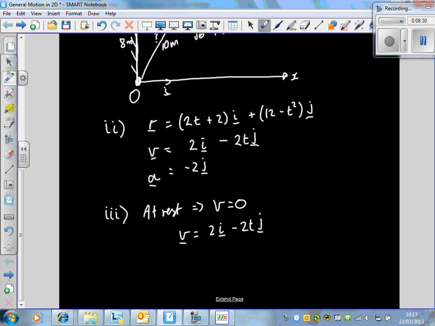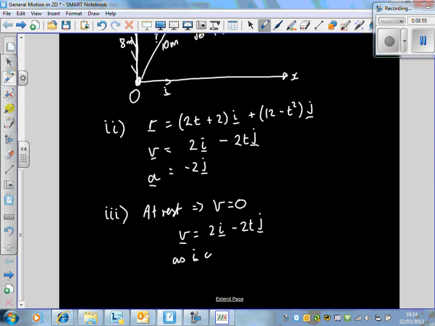Jake. Yeah, Jake. Brilliant. At t is 0, the velocity in the j direction is 0, because 2 lots of 0 is 0. But no matter what the time is, there is always going to be a component in the i direction of the velocity.